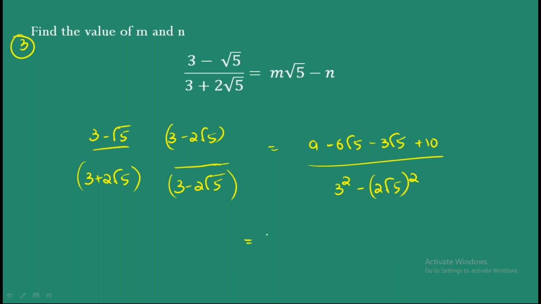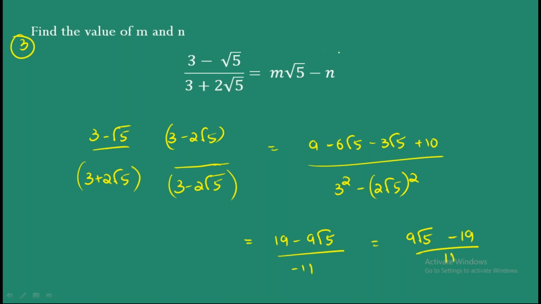So the numerator is actually, if I am not wrong, 19 minus 9 root 5, divided by the denominator, 9 minus 20, minus 11. It will become (9 root 5 minus 19) divided by 11.